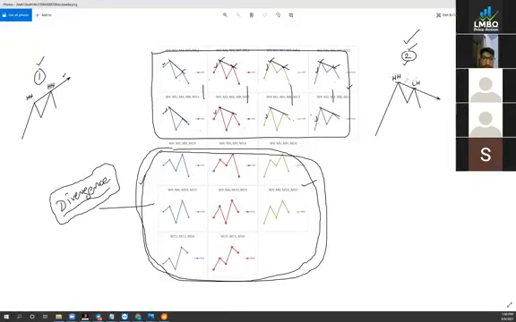When the M is pointing in the down direction, this part of the M is a reversal area. Here we will draw one level. We call this level a key level.